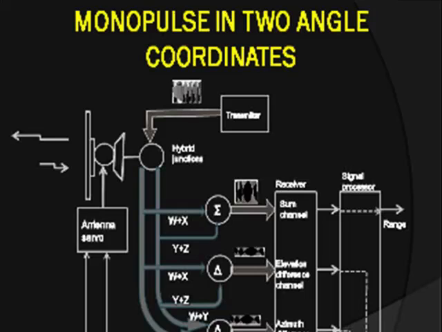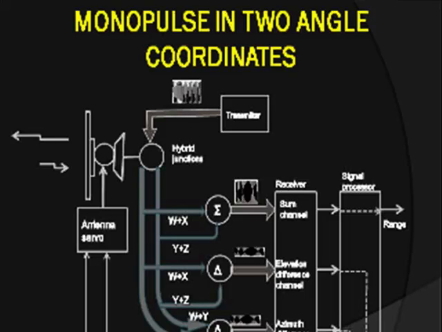So, port 2 and 3 will be used to get the inputs, whereas port 1 and 4 can be used to get the outputs: one sum channel, the other one difference channel. In the context of this rat race, you can go with 1 and 3 as inputs, 2 and 4 as outputs, or vice versa.